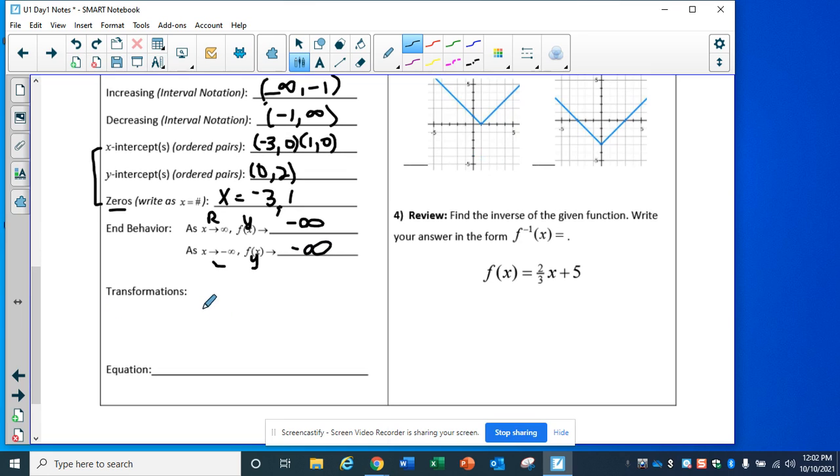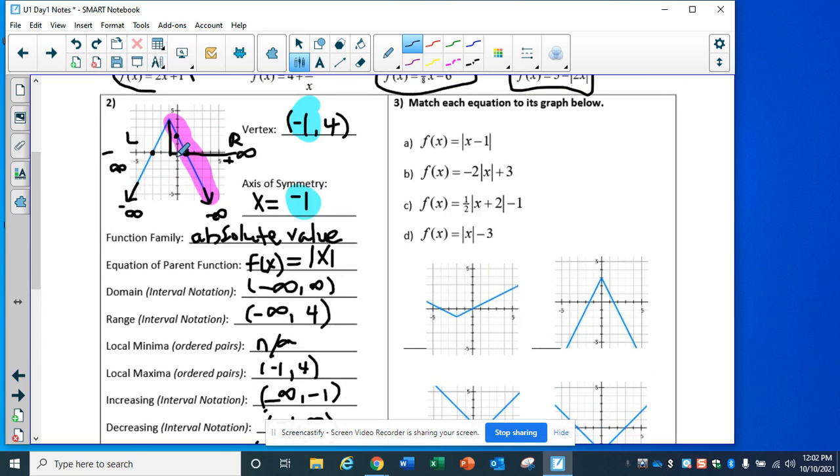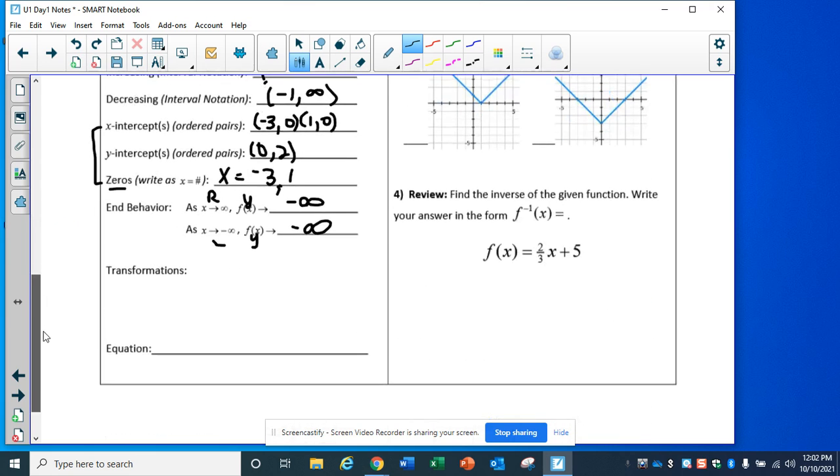And then for transformations, how did it move from my parent function, which would have been at 0, 0, going up? Well, there's 3 transformations here. It went to the left.